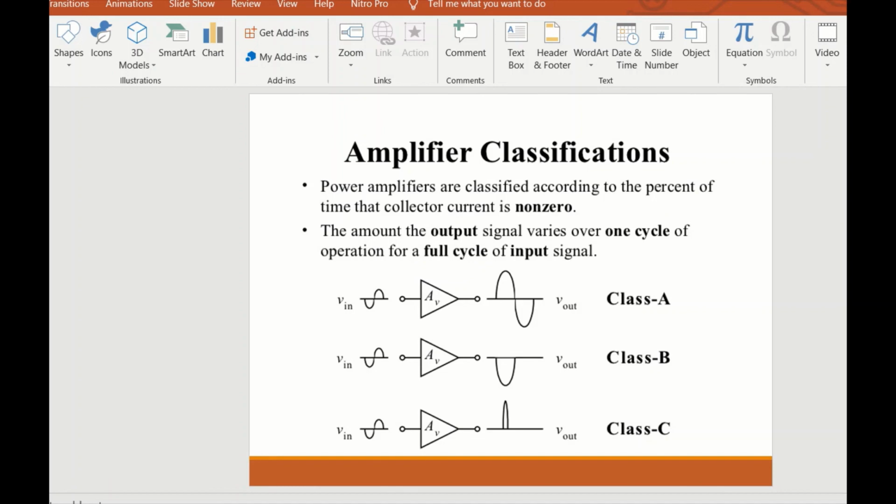In the case of class C amplifier, if the input is this, the output will conduct for less than a 180 degree cycle. Here you can see. So these are the basic amplifier types of the power amplifier. In the next lecture we will discuss class A amplifiers.